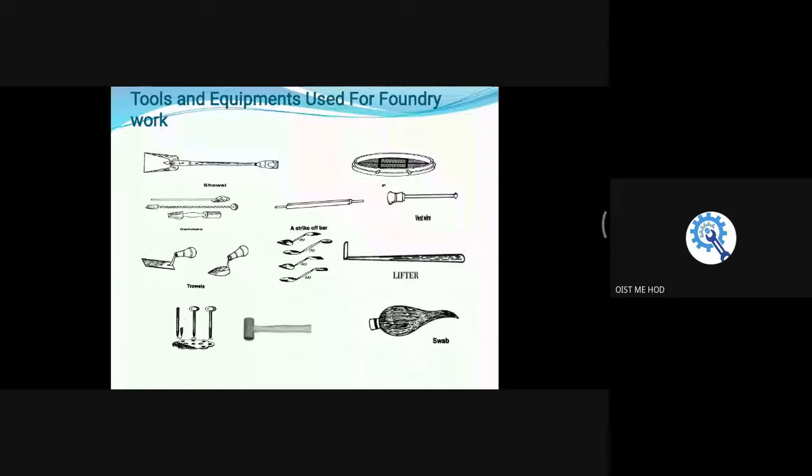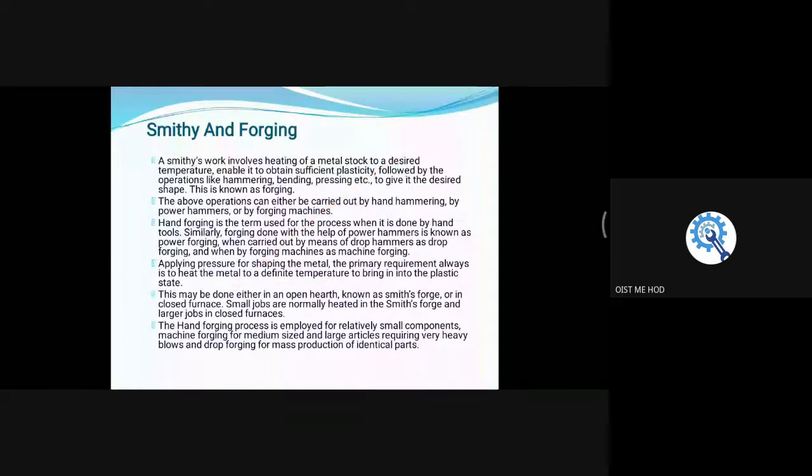These are the tools being used in the foundry work like civil work.